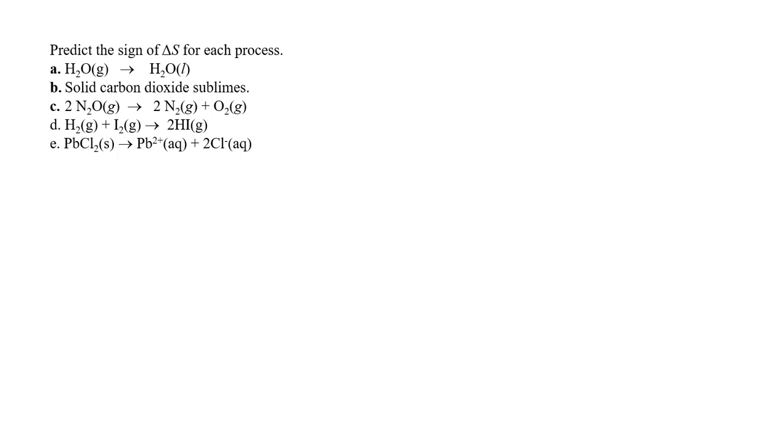Problem A. Predict the sign of delta S for each of the processes, starting with A. If you look at A, we are moving from gas to liquid. So here we are increasing orderliness because liquid is more ordered than gas.